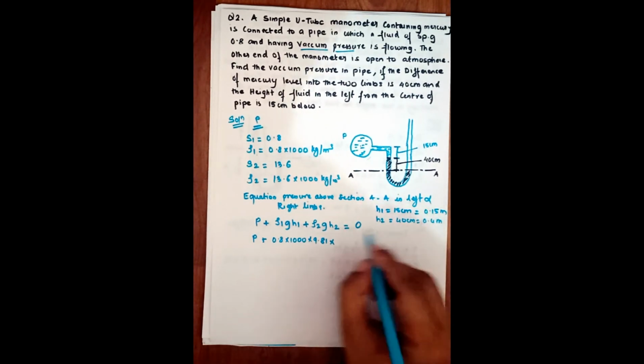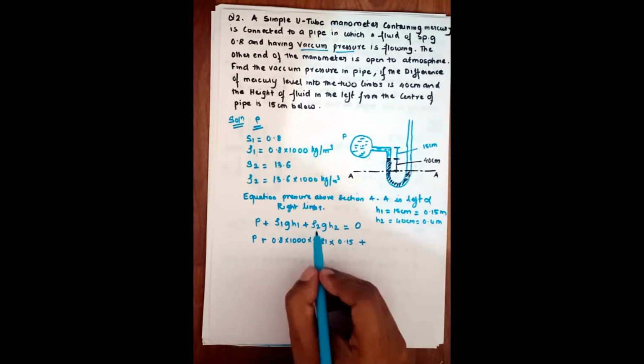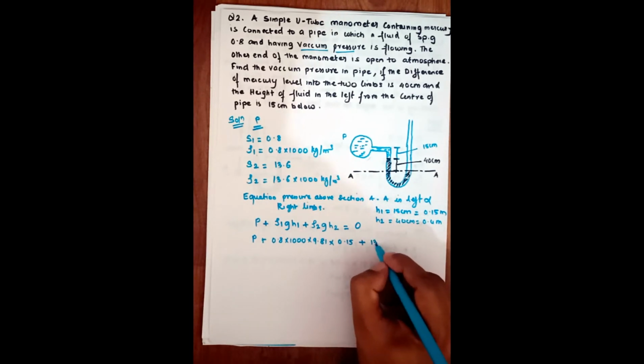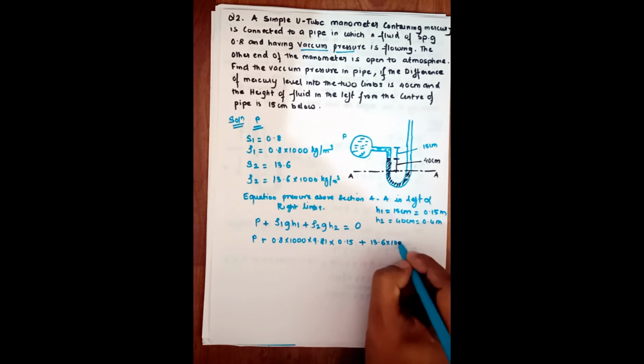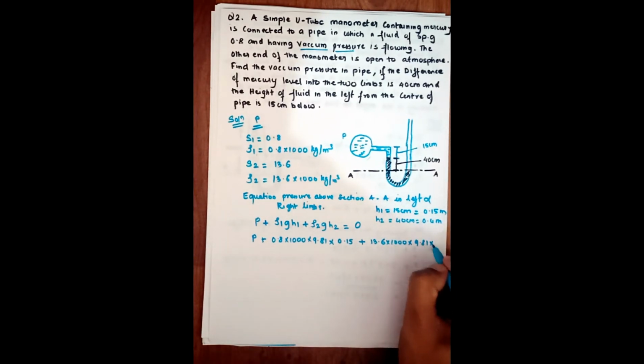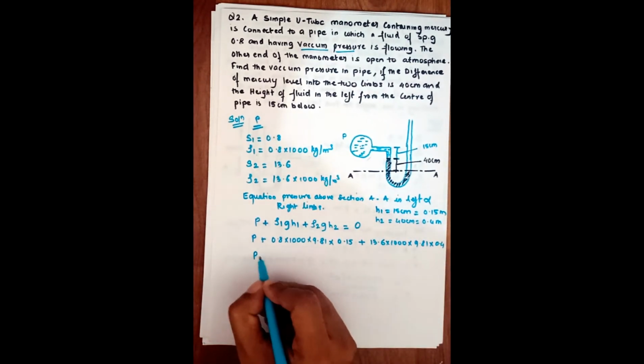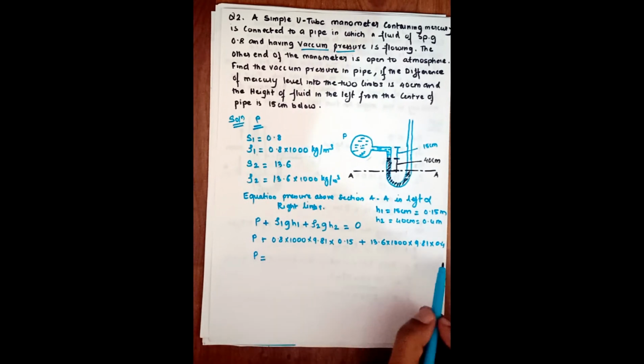So we'll put the value of H1, which is 0.15. Then ρ2 is 13.6 into 1000, G is again 9.81 and H2 is 0.4. So we will take all these values on the right hand side.